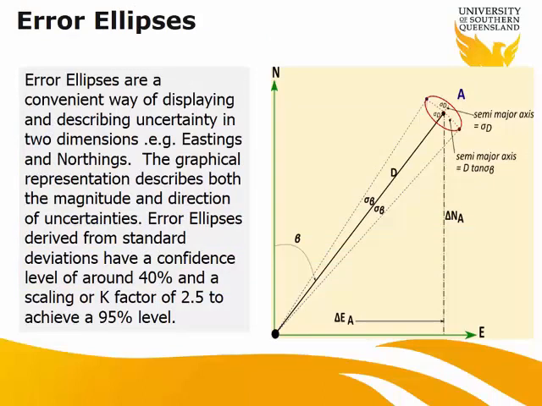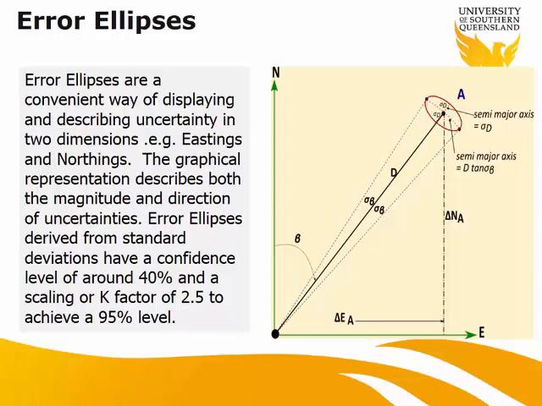So move on. Another element which is important in many statistical tests, as well as least square adjustment in particular, is error ellipse. Error ellipse is a very good tool to display and describe the uncertainty in two dimensions, for example, easting and northing, like angles and bearing and distance.